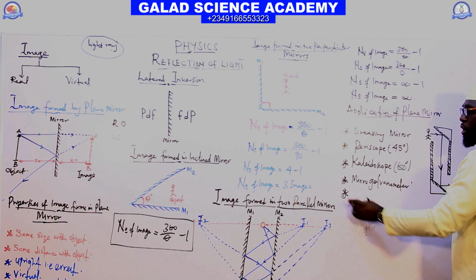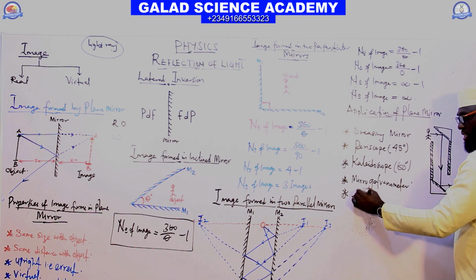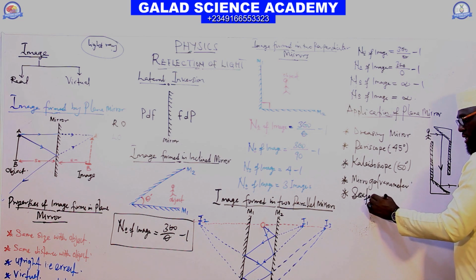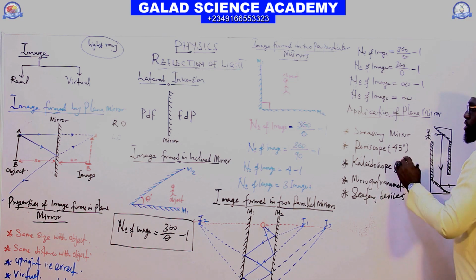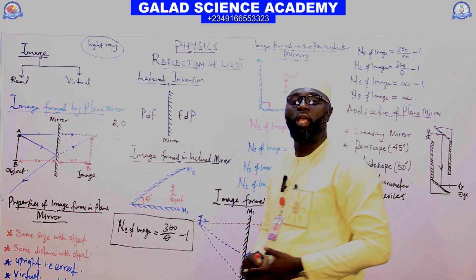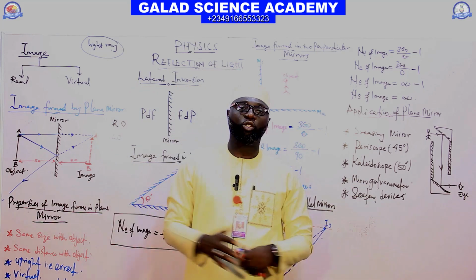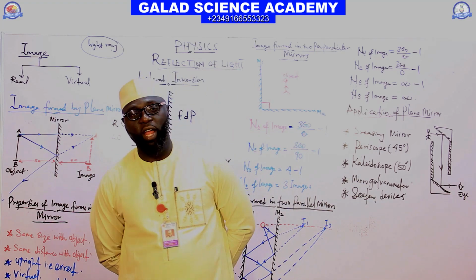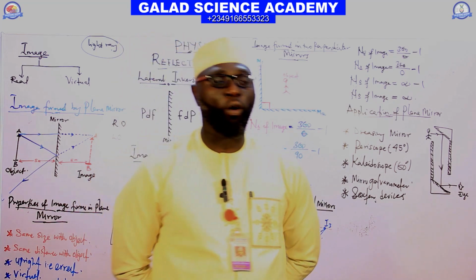We also use plane mirror for construction of galvanometer, and for construction of sextant device. Those are the applications of plane mirror we have. So that is all about reflection of light. In the next class, we'll move to reflection of the curved mirror.